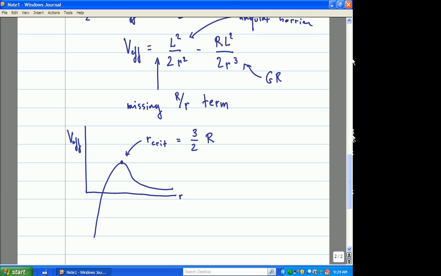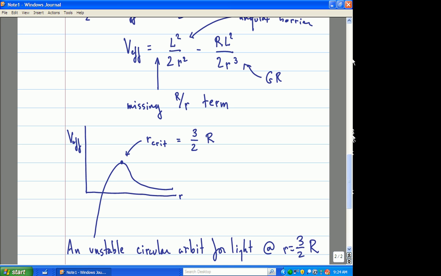So what does this mean? This means that there is no stable circular orbit for light. Okay, that's not such a surprising thing. But there is an unstable circular orbit for light at a radius which is equal to 3/2 times the Schwarzschild radius.